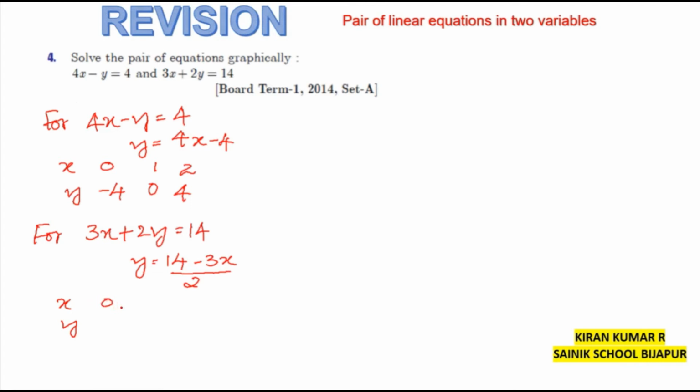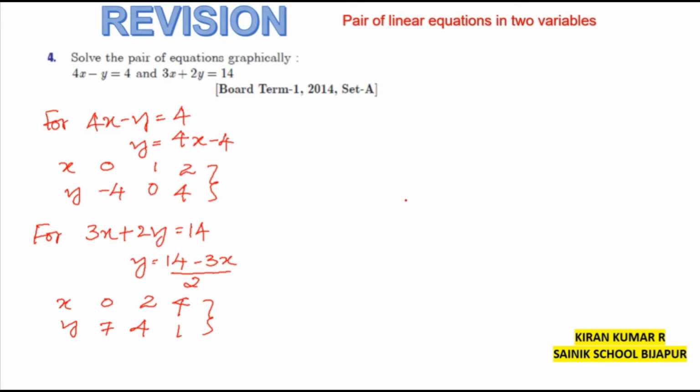If I take it as 0, 14 upon 2 is 7. If I take x value as 2, 14 minus 6 upon 2 is 8 by 2, which is 4. If I take the value of x as 4, the value of y is 1. With this set of coordinates, I have to plot the graph.